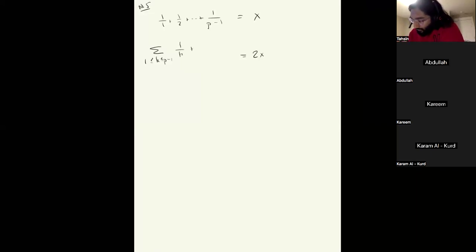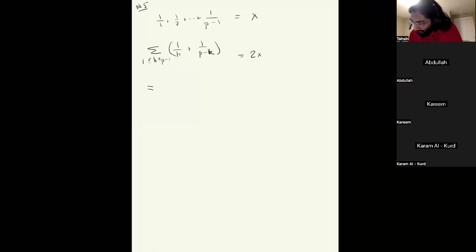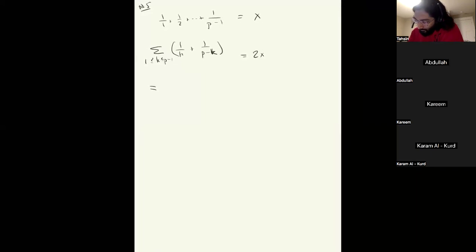Okay, let's do it this way. We are just doing some pairing, and now it becomes very nice. What do we end up with inside of the sum? It becomes p over k times p minus k.